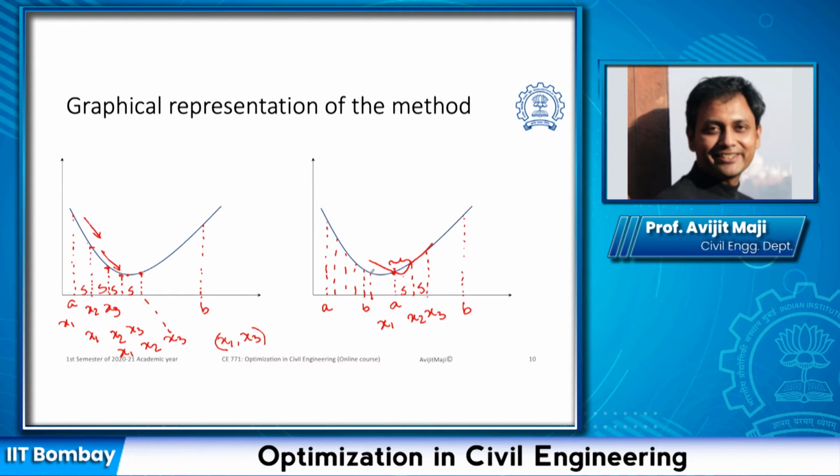So we cannot use this point as the bracket point, rather we have to say the bracket is going to be from here to the previous point here.